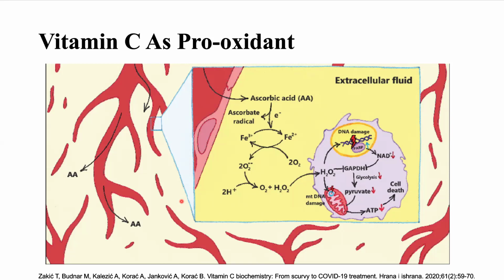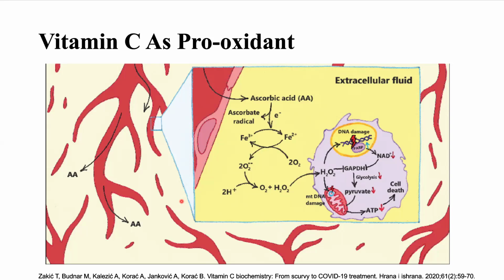So vitamin C, when it is given in very high doses, reaching up to millimolar concentration in the plasma, that concentration actually causes the production of reactive oxygen species. Vitamin C actually acts as a pro-oxidant rather than an antioxidant.